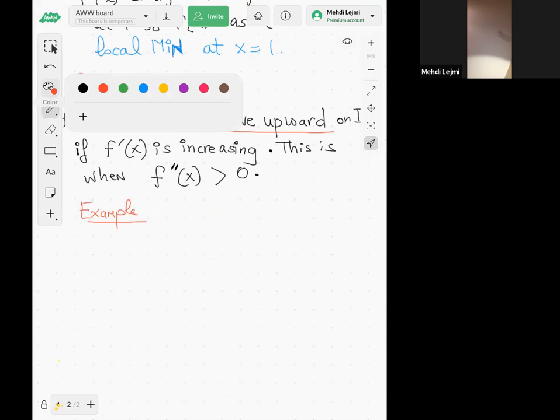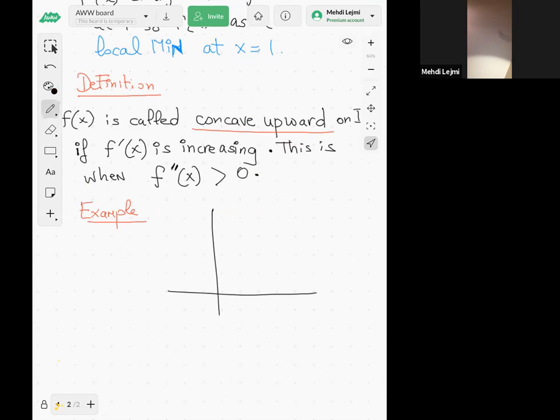So let's say I have the following graph, and I have this function f of x. Okay, so this is, let's say, f of x. All right, so you see, guys, my derivative here is decreasing, right?